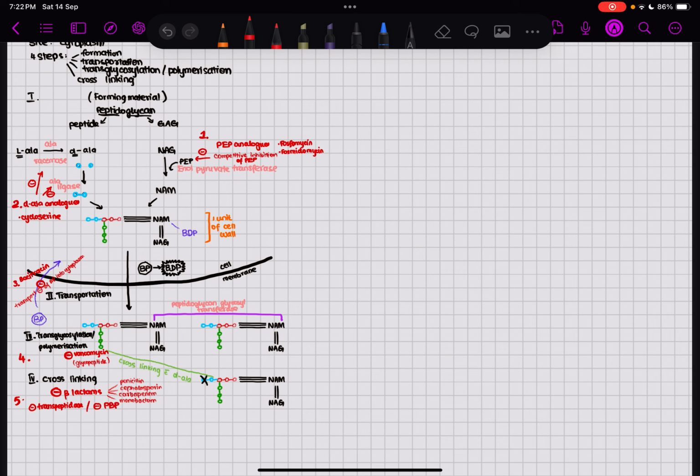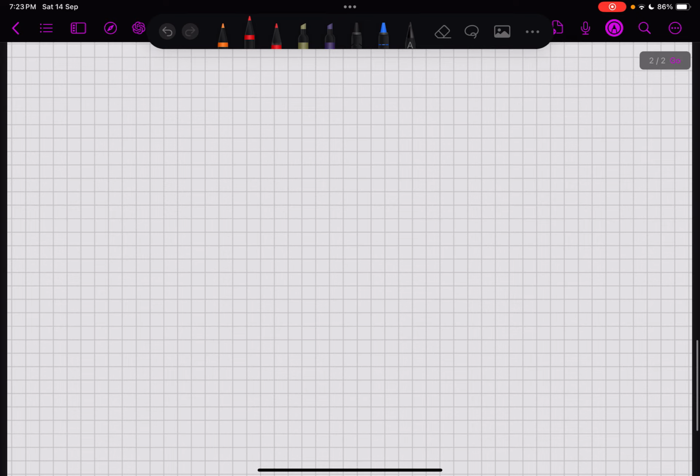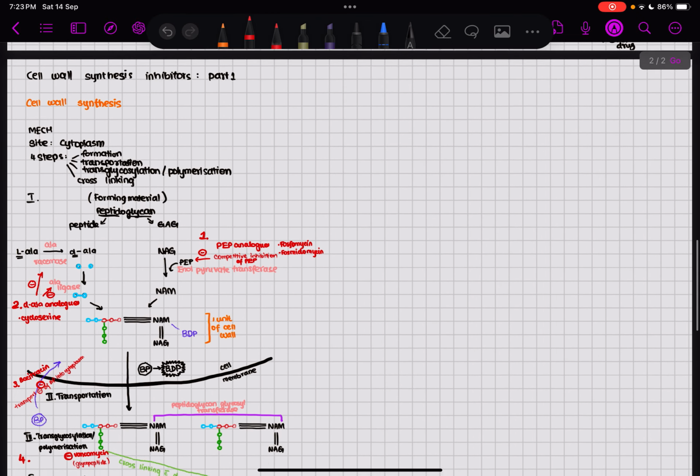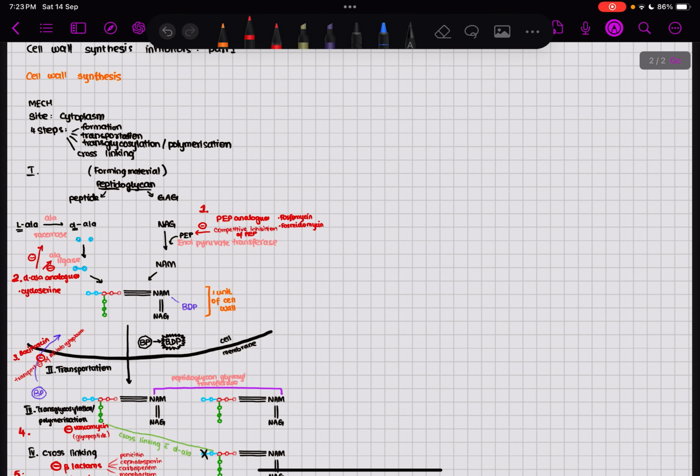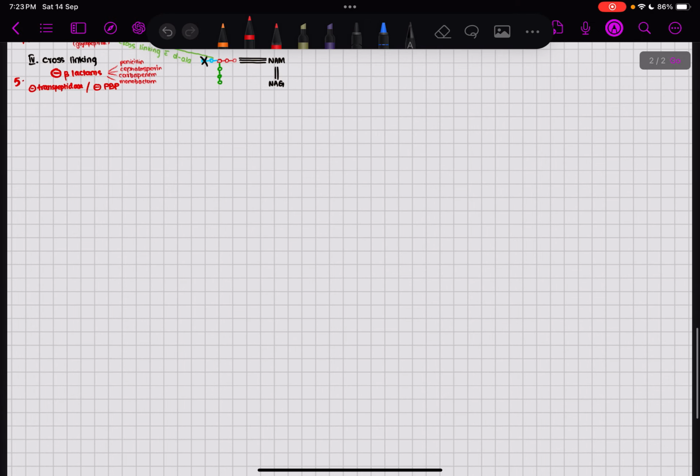We have got moderate activity, then narrow spectrum, then wide spectrum. So let us get into it. Beta lactams, penicillins of beta lactams.